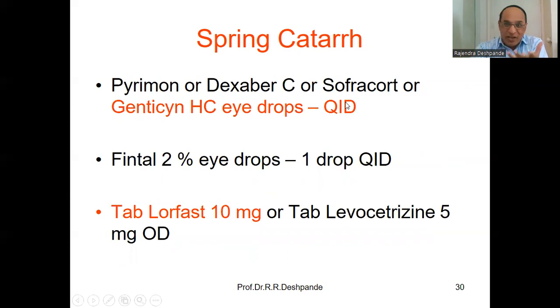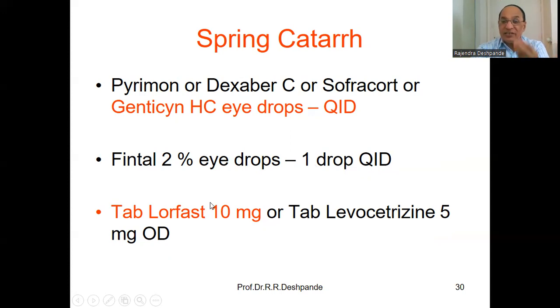What to be done? It is allergy, so naturally steroid: Pyrimon, or Dexabex C, or Sofracort, antibiotic plus steroid, or Genticin HC, gentamicin plus hydrocortisone, eye drops four times a day. Fintal 2% eye drops, only one drop four times a day.